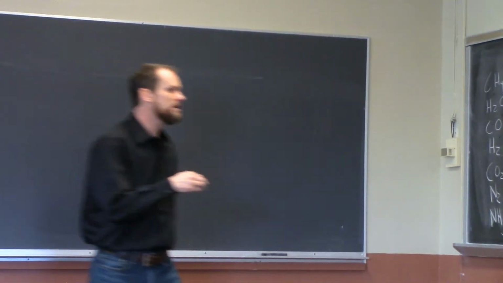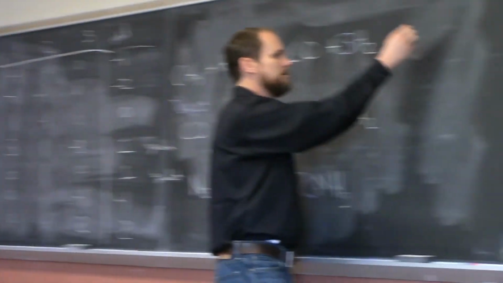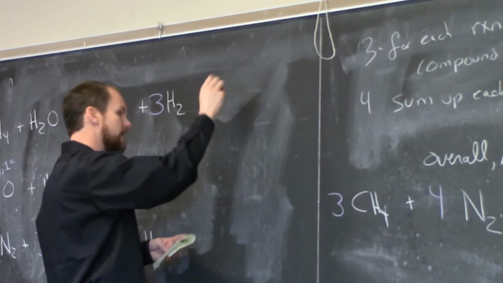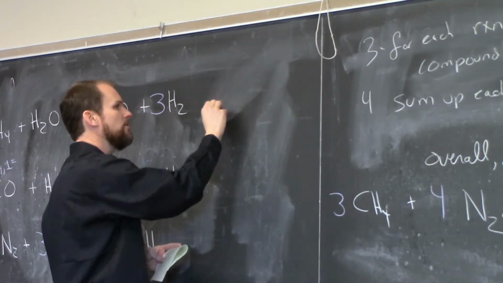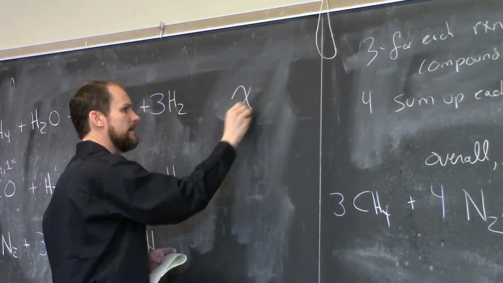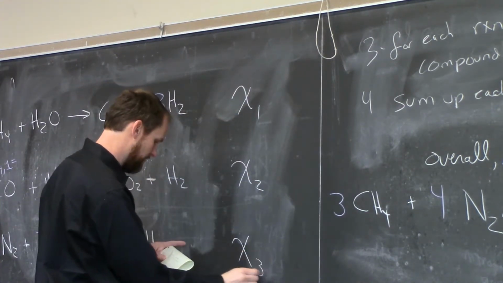So what we can essentially do is scale these reactions relative to each other. So I'm going to introduce a multiplying factor for each reaction: Chi1, Chi2, and Chi3.